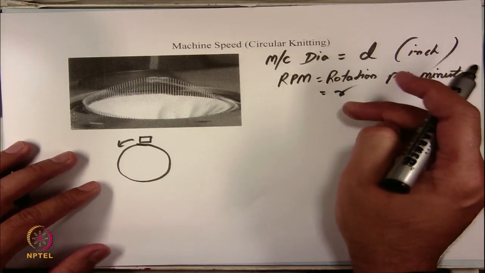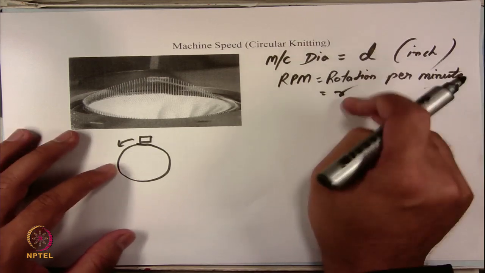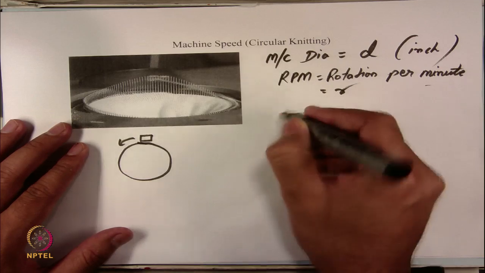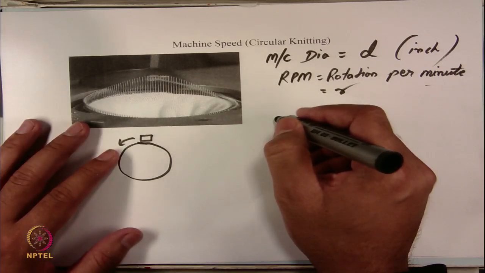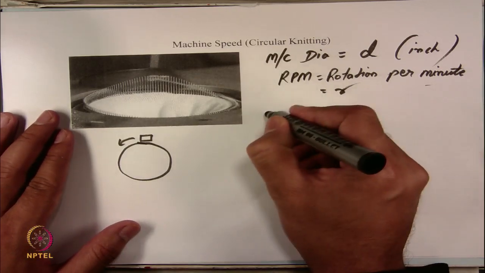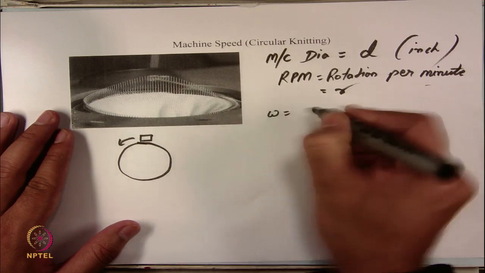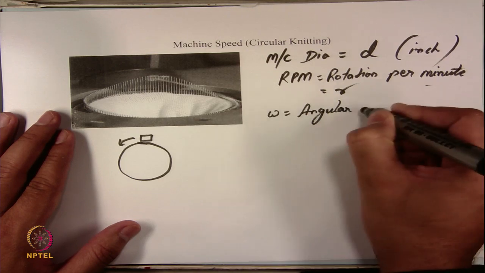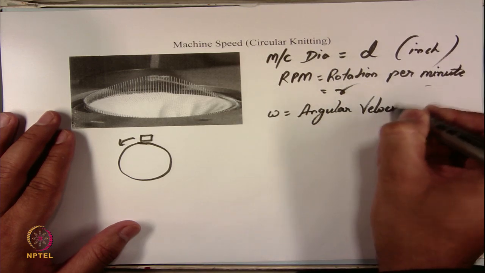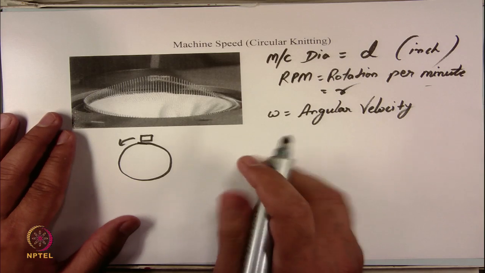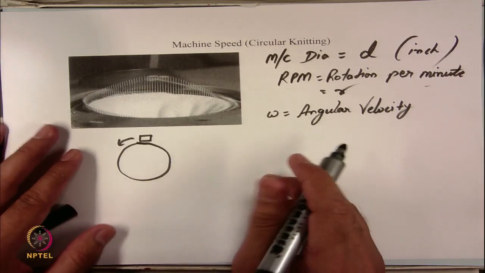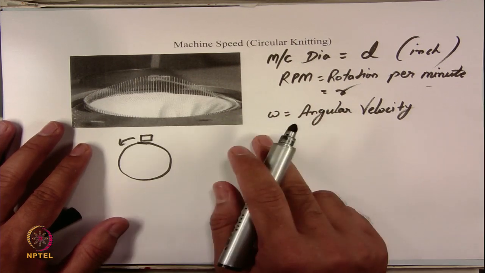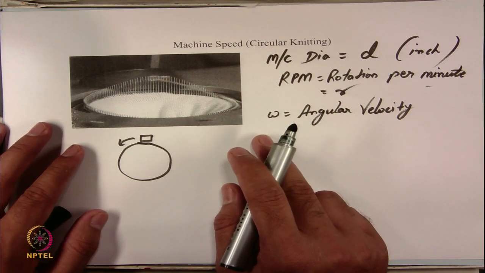Using these two we can calculate other speeds for this machine. One speed which is also related to circular motion is omega, which is known as angular velocity. If you see the class 12th standard book, you will know omega. Omega is the angular velocity. It means rate of change of angle per second.